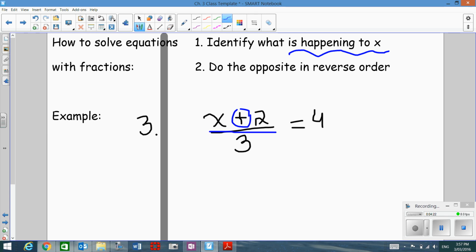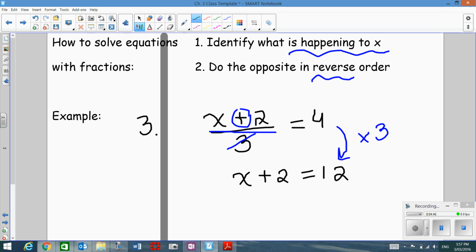So if I'm going to do the opposite operation in the reverse order, I'm going to start by undoing the 3. Since we're dividing by 3, I'm going to multiply by 3 on both sides, which will cancel out my 3 on the left-hand side. So now I have x plus 2, and then 3 times 4 makes 12.